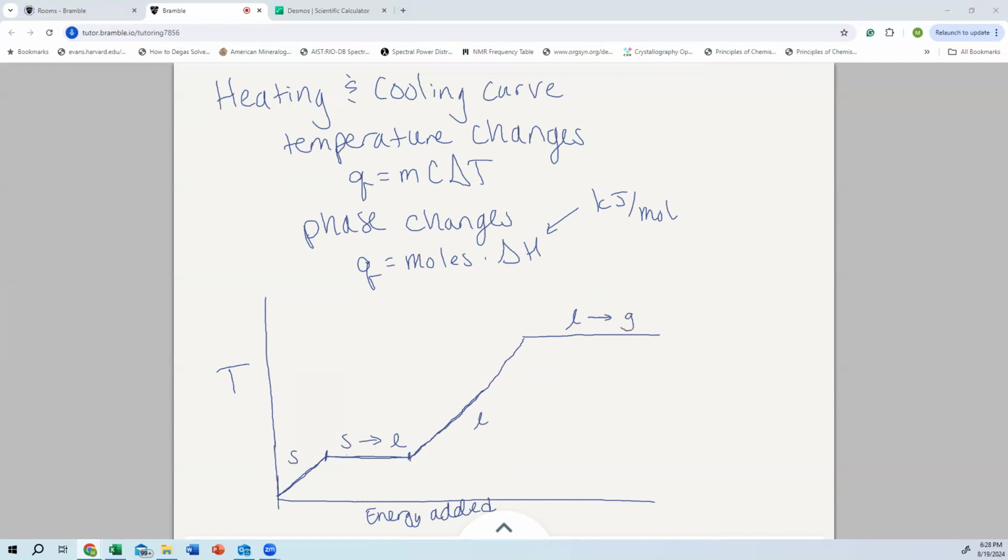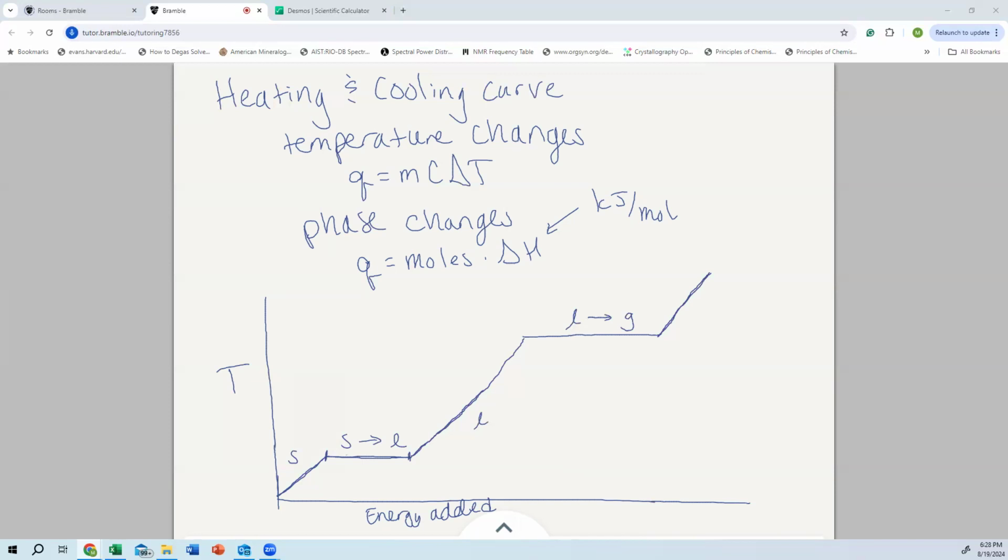And then you can heat up a gas as well. Some things to note: as we increase our energy, this is looking at both an increase in kinetic energy and potential energy. As we increase temperature, we are increasing our kinetic energy.